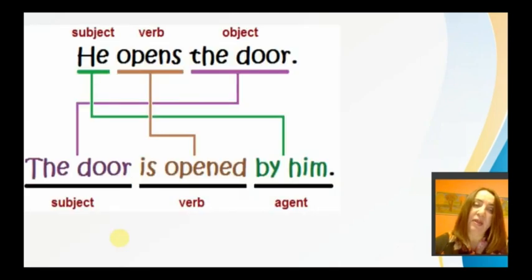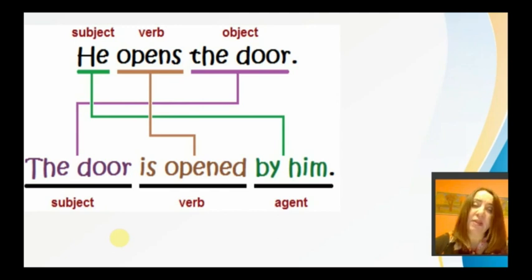Here we have one simple but very good example. He opens the door. Subject is he. Opens is verb. The door is an object.